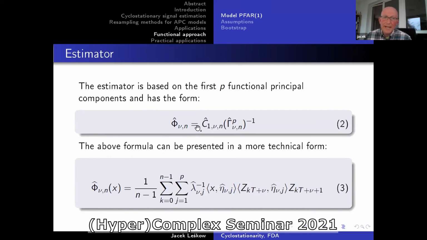Well, when you are estimating your operator on the basis of the data, anytime I'm putting a hat on the top of a capital Greek letter, that means this is a quantity that can be reproduced from the data, okay? This operator is equal to the autocovariance order 1 operator times the inverse of the variance operator.